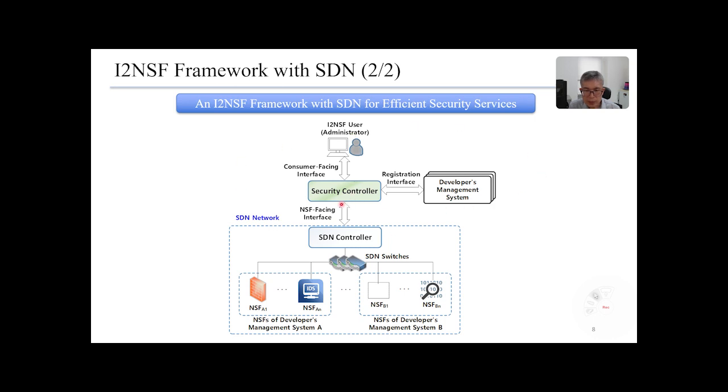Basically, the security controller gives low-level security rules over the NSF-facing interface to the SDN controller. The SDN controller governs switches, and the OpenFlow protocol is used to enable the OpenFlow table to provide simple firewall services.